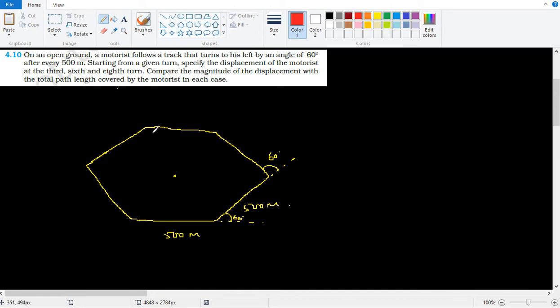If I divide this into 6 triangles, this has to be 60 degrees. This will be 60, this will be 60, and this will be 60, and that's why it will be 180 degrees here. Since they say 60 degrees here, you'll be able to guess that it's a regular hexagon.